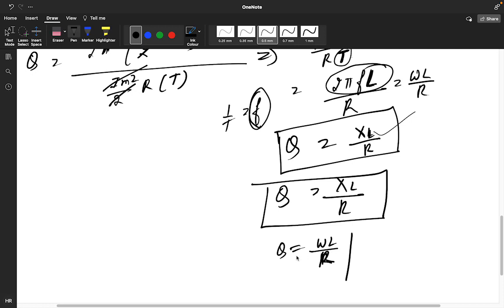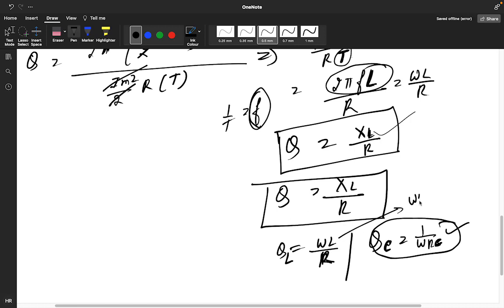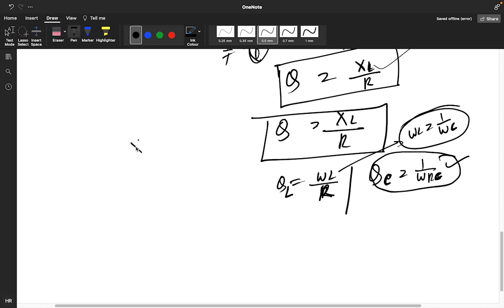This is in terms of an inductor. In terms of a capacitor, QC will be, for parallel combination, 1 upon omega RC, because omega L will be equal to 1 by omega C. We are doing this for resonance frequency, so XL is equal to XC, meaning XL is omega L and XC is 1 upon omega C. So instead of omega L, if you want to write in terms of a capacitor, the quality factor will be the same. Instead of omega L, we can write 1 by omega RC.